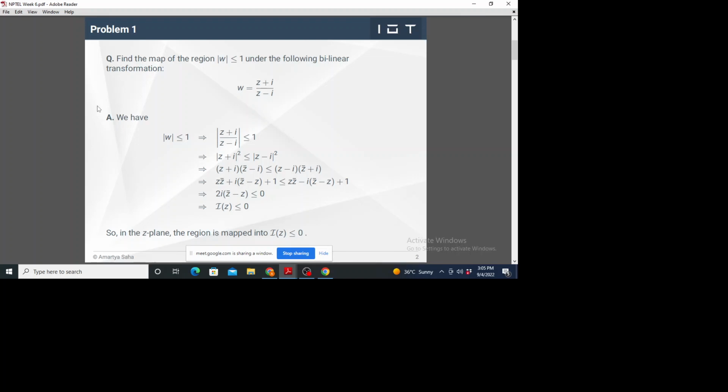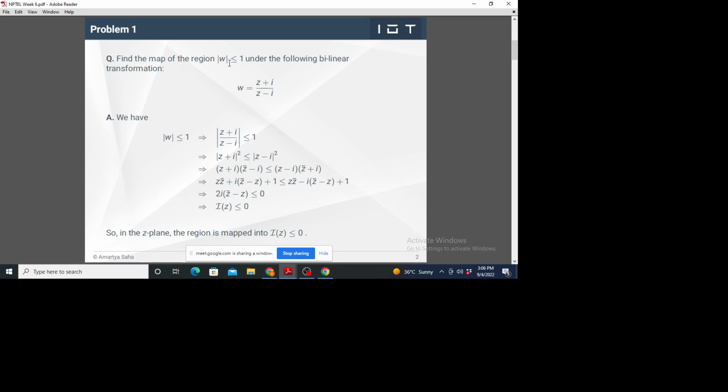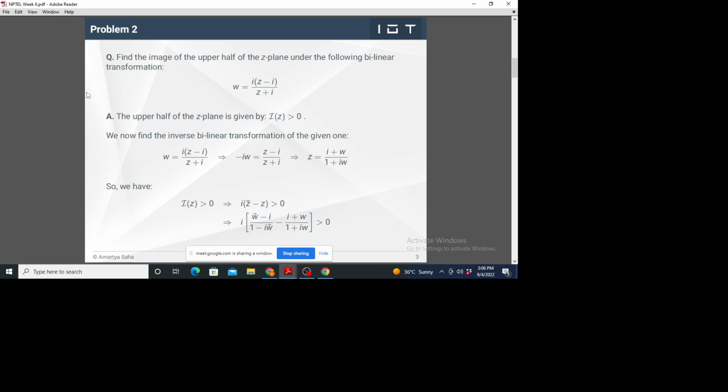You see how much easier these kinds of problems are. I will now directly move on to the second problem, which is almost similar, but a little different. In the first problem we were given a region in the W plane, but in problem 2 we are given a region in the Z plane, and we have to find the map that corresponds to it in the W plane.